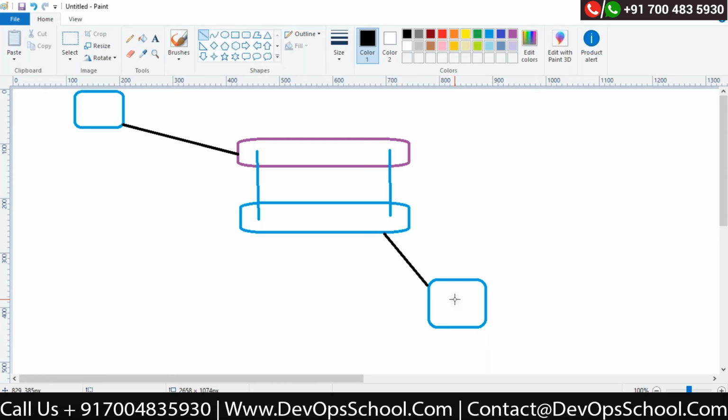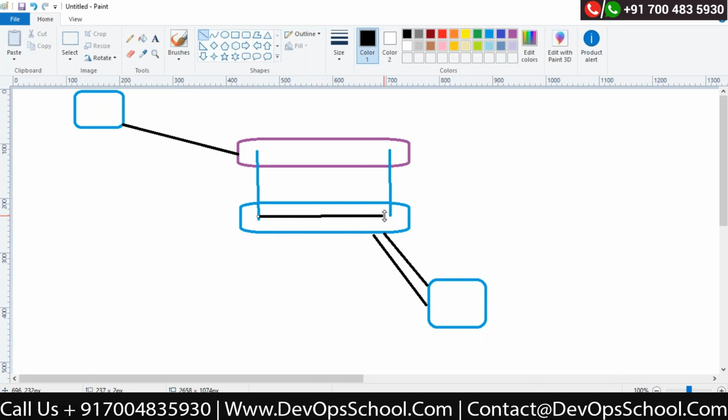For example, ARP broadcast traffic would be sent to this particular switch. That is a broadcast traffic itself. The switch will broadcast that traffic to all the switch ports. Ultimately, it will reach over here.